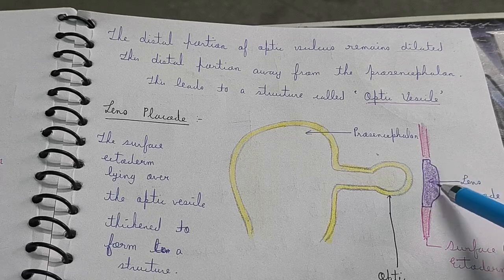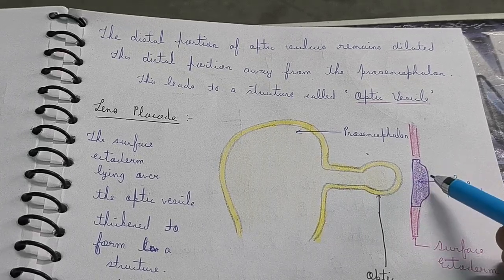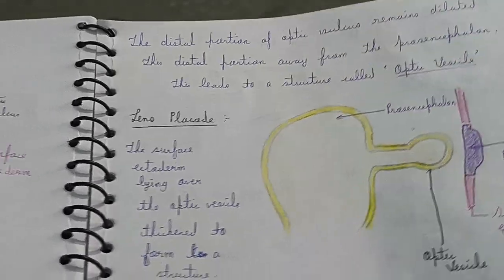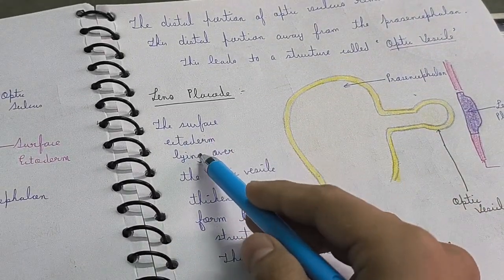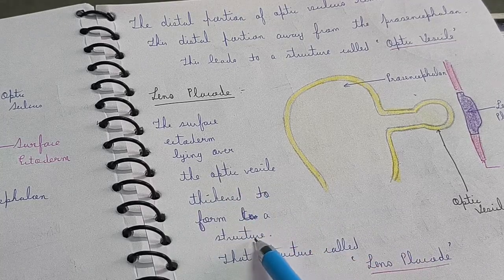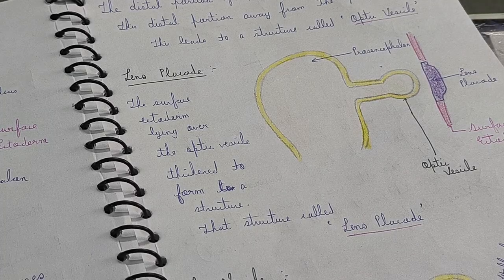This portion of surface ectoderm becomes thickened to form a structure, and that thickened structure formed over the optic vesicle is known as the lens placode. So I have written that the surface ectoderm lying over the optic vesicle thickens to form a structure, and that thickened structure is known as the lens placode.